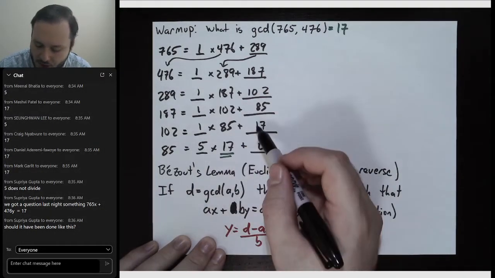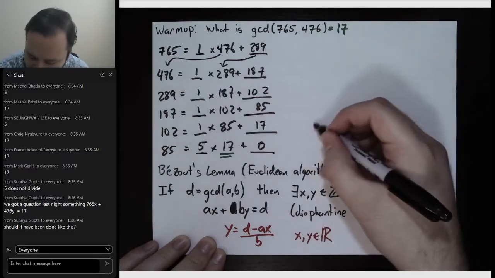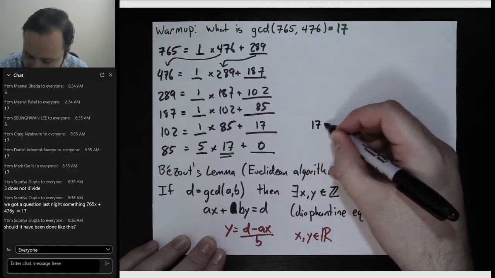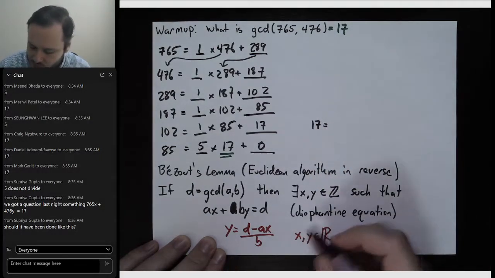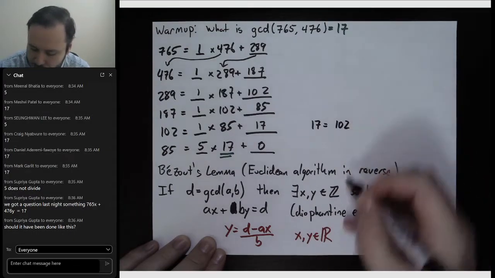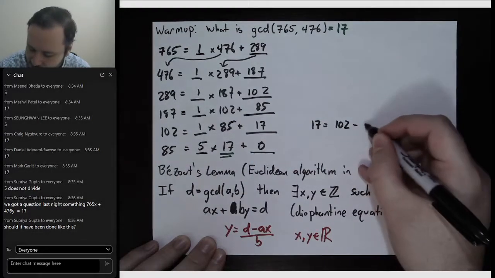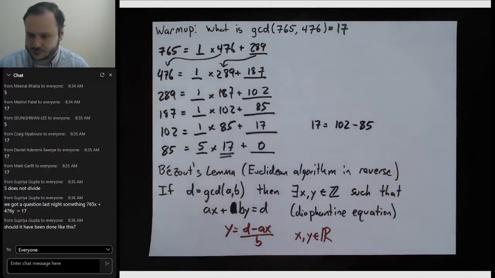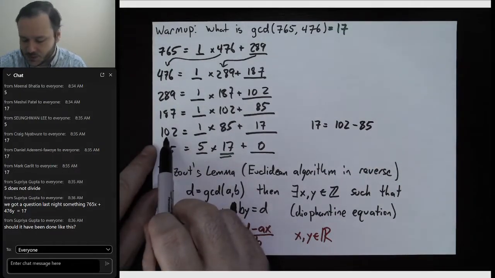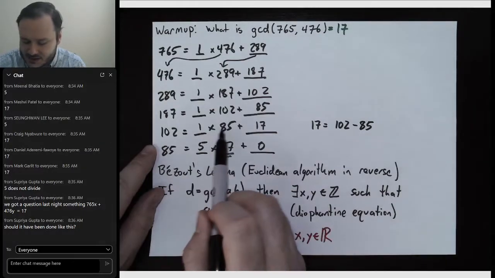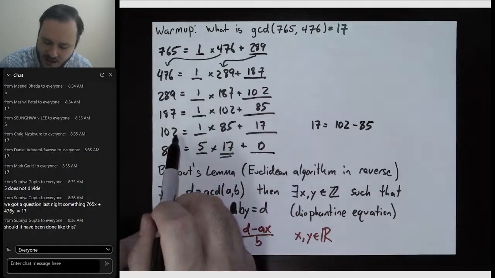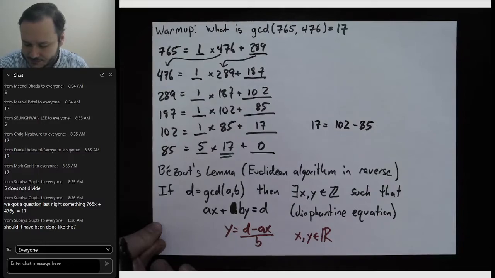I start one up, and I rewrite this equation as 17 is equal to 102 minus 85. All I've done is say this says 102 is 85 plus 17. All I've done is move the 85 to the other side.